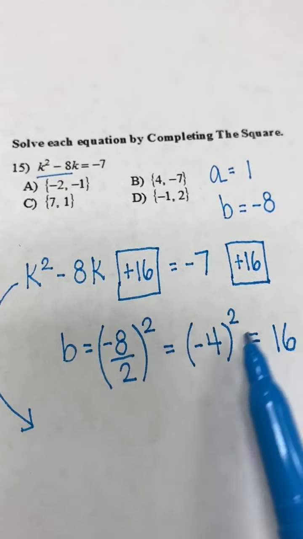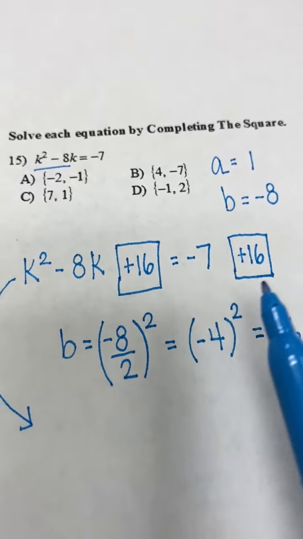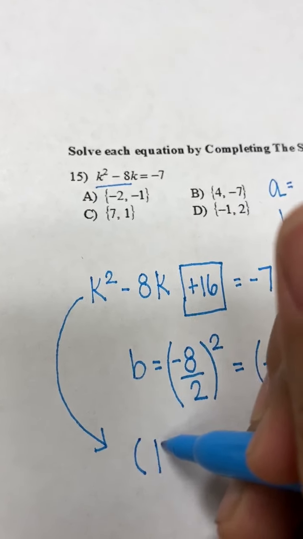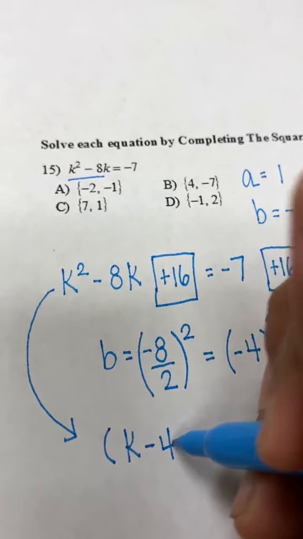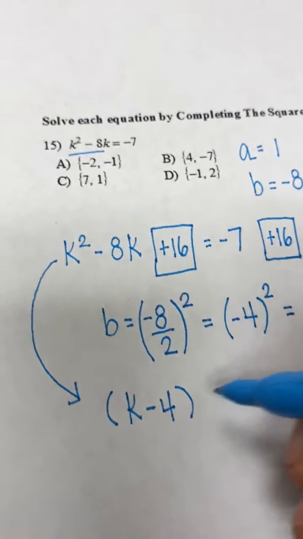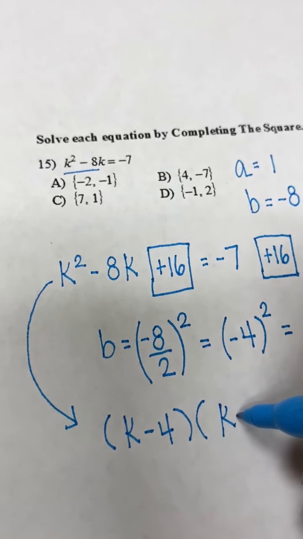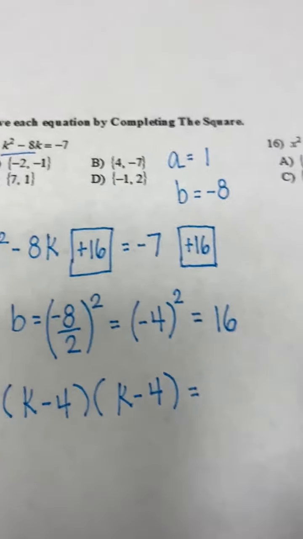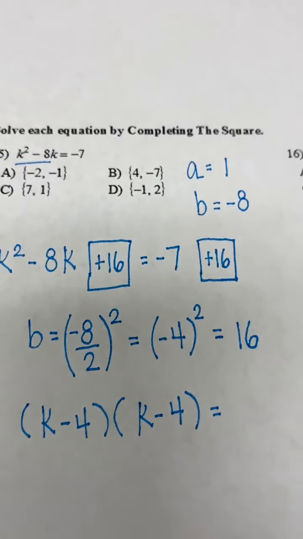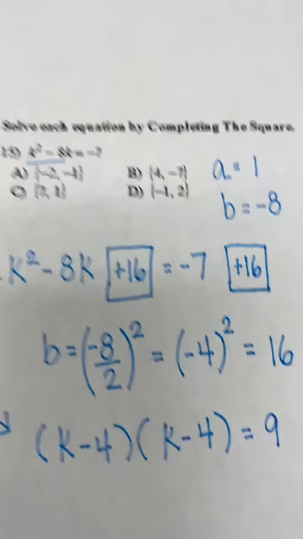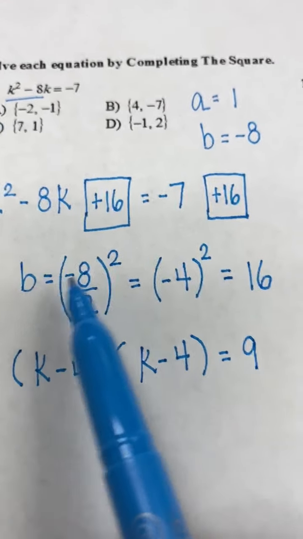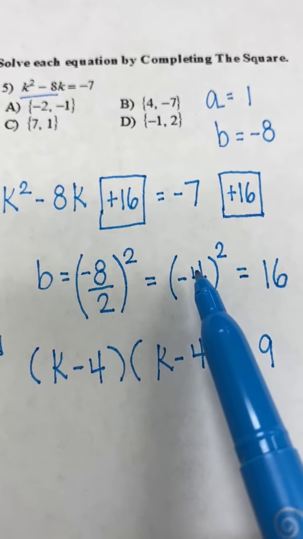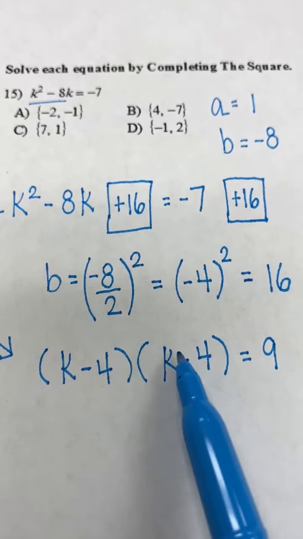Instead of doing the X method, the box method, or whatever method your teacher taught you, all you're going to do is k minus 4, see where it came into play, times k minus 4 equals, well, what's negative 7 plus 16? 9. And so that's what it looks like. This is why I didn't want you to work out the calculator right away and get 16. Instead of having to do factoring, I could just write my two products.